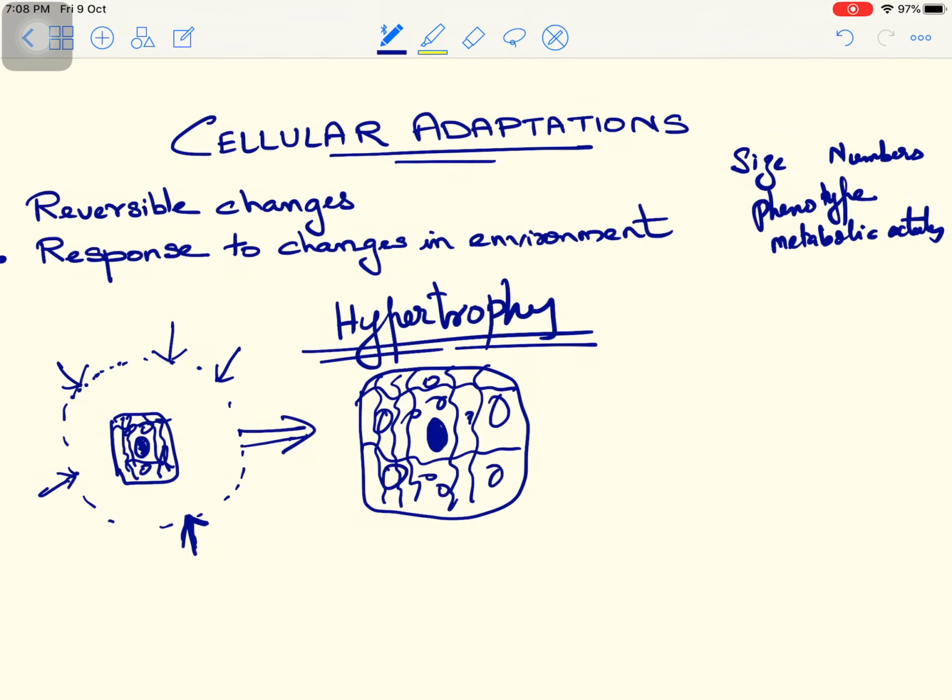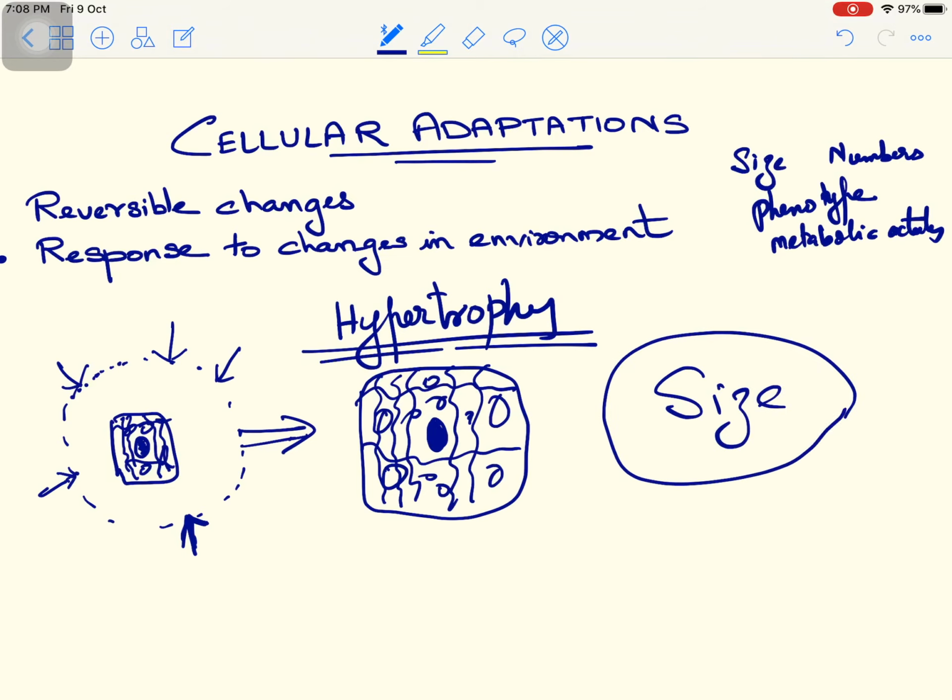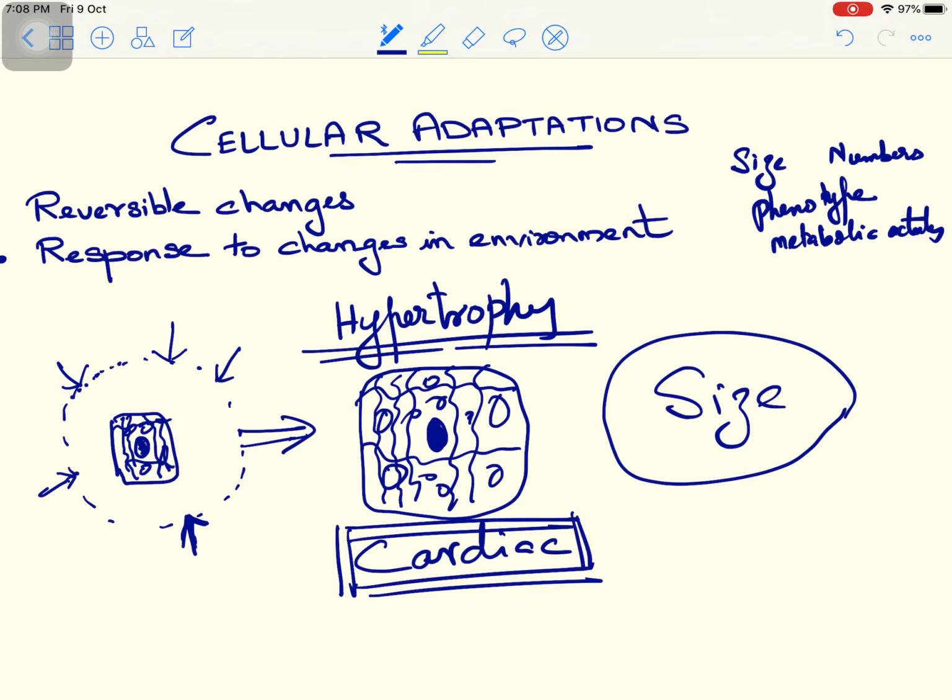So that is how a cell undergoes hypertrophy, as hypertrophy is the increase in size of the cell. The best example for hypertrophy is cardiac muscle, and cardiac muscle cannot undergo cell division. So when there is pressure overload, cardiac muscle will do the work by increasing their size.